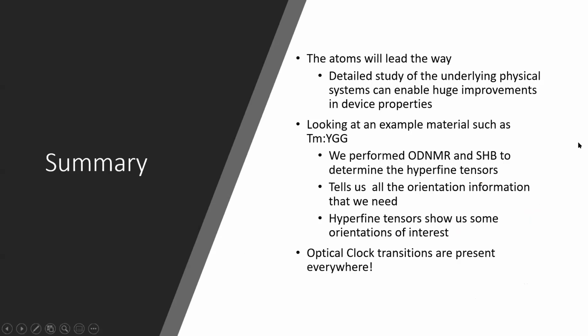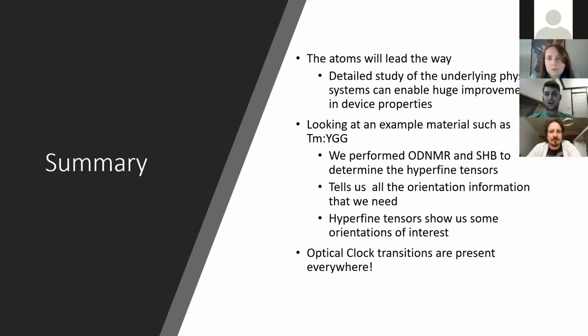So like I say, the atoms will probably lead the way in making these nice devices. So if we continue some of these material studies, hopefully we can track the improvements from understanding of the material through to device improvements through to exciting procedures and protocols for quantum networking.